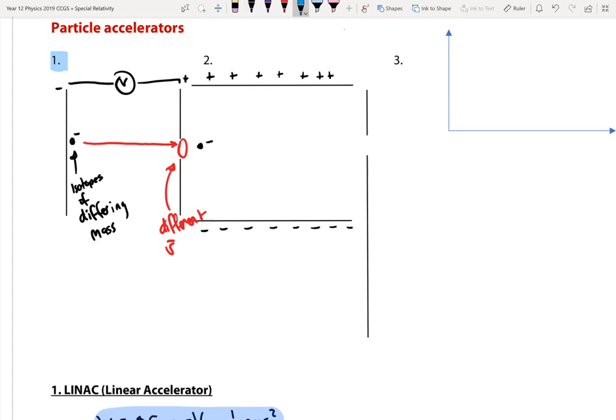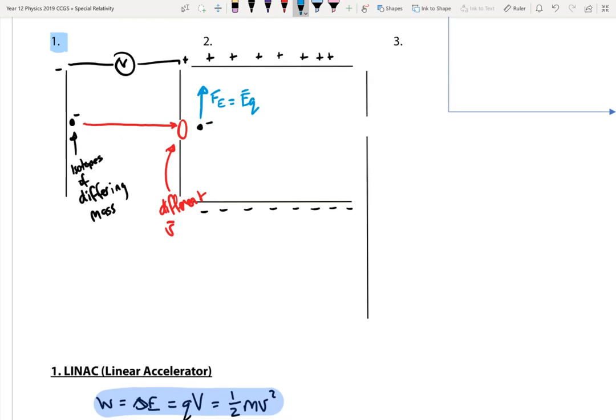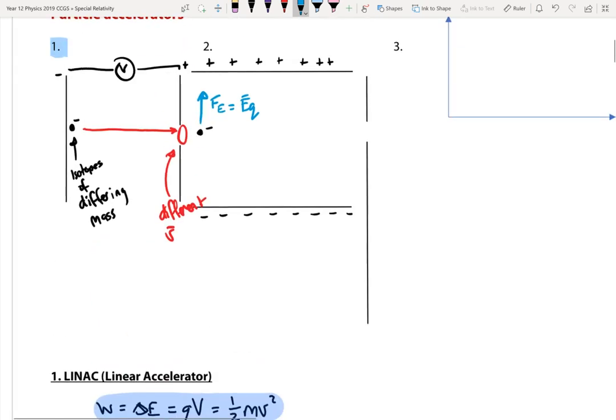Now, in that way, there would be an electric force equal to, I don't know, E times Q, okay? That would want to bend it upwards. But at the same time, let's try and bend him downwards with a magnetic force. So I'm going to produce a magnetic field, and I'm going to bring in my friend, we haven't used him for a while, the Lorentz force.